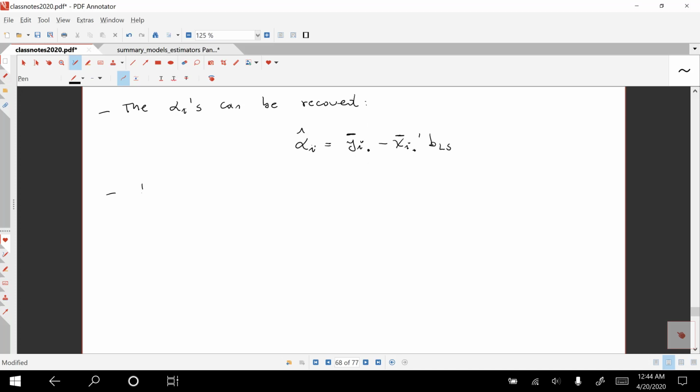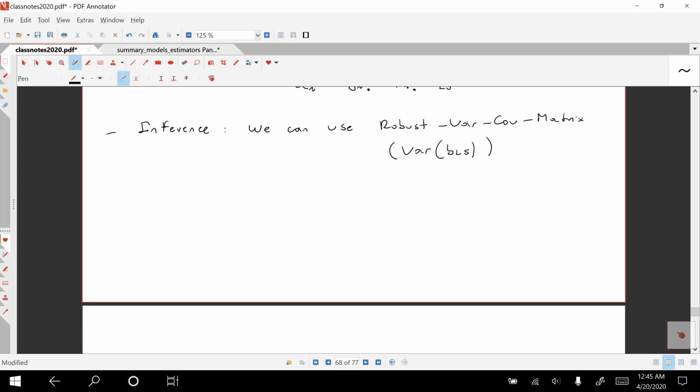Now, what about the inference for those intercepts? If we are interested, we can also use a robust variance covariance matrix for the variance of beta hat. It could be the robust or the general one; it doesn't matter.